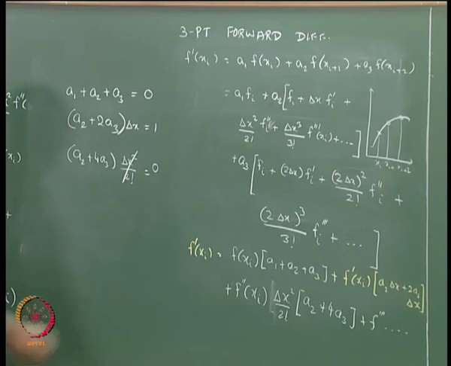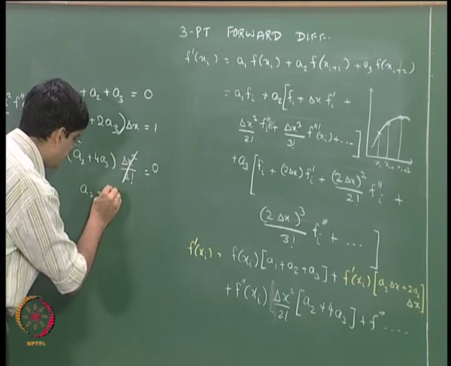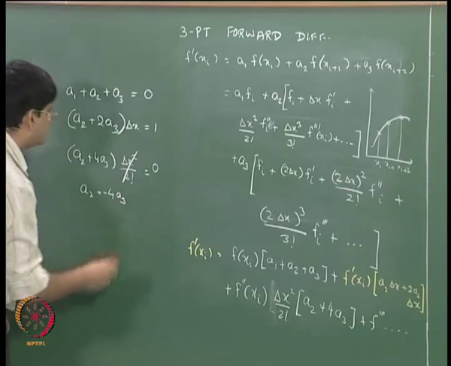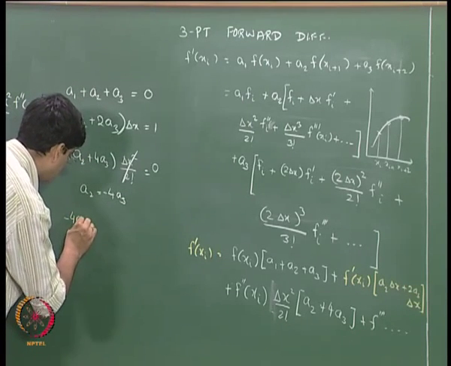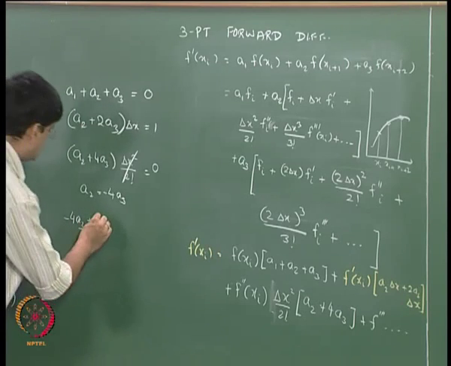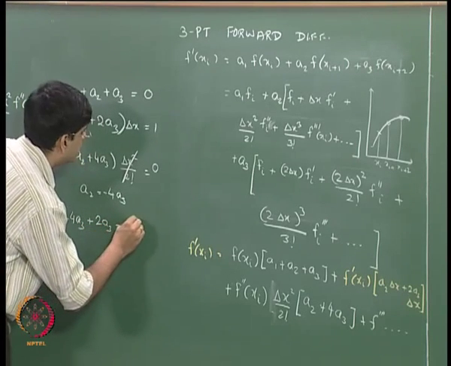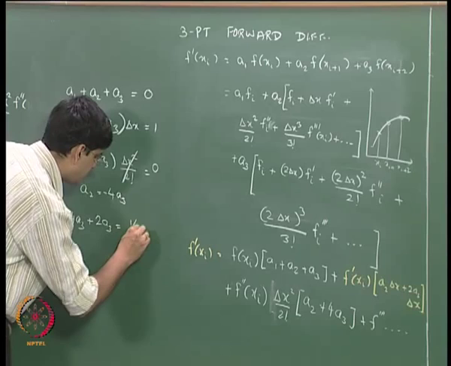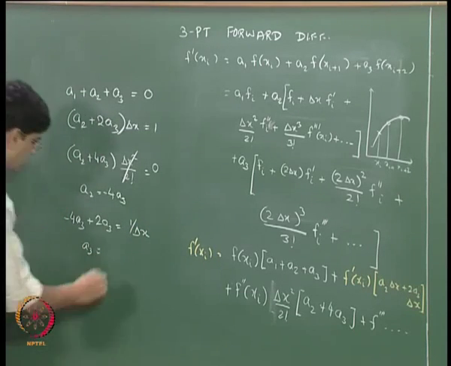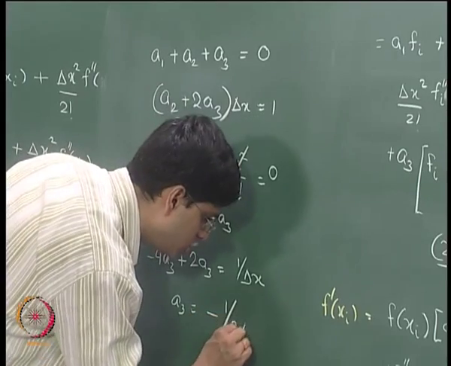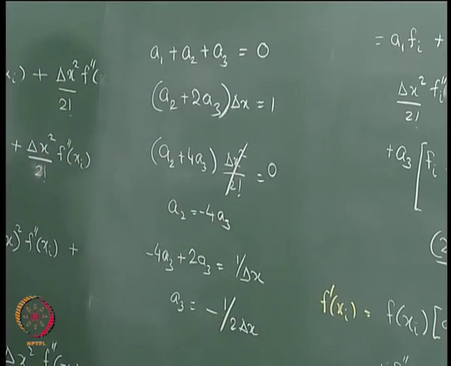This particular term gets cancelled, a2 equal to minus 4a3, substitute this over here, we will get minus 4a3 plus 2a3 equal to 1 by delta x. So a3 is going to be equal to minus 1 by 2 delta x, okay.